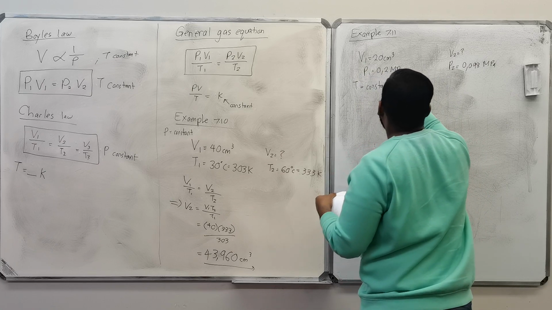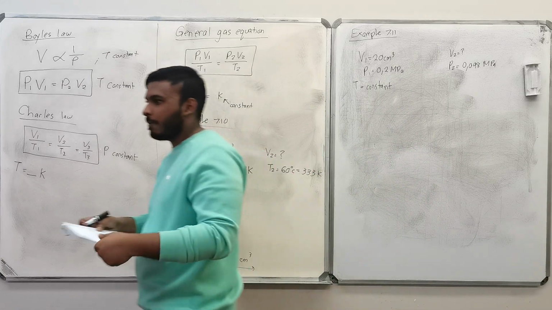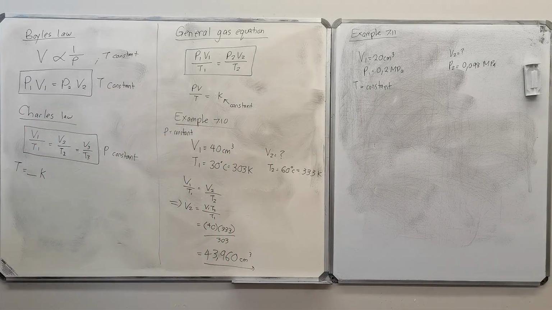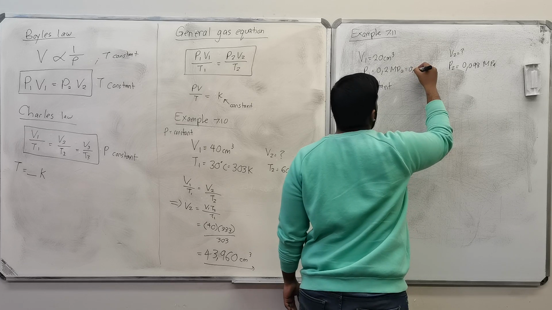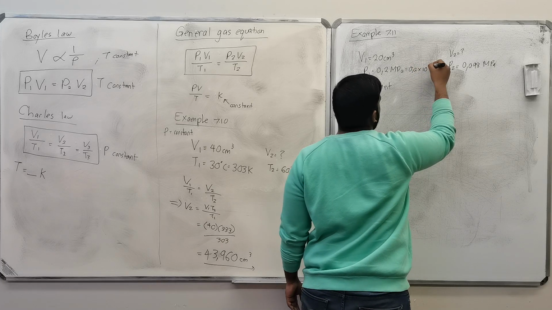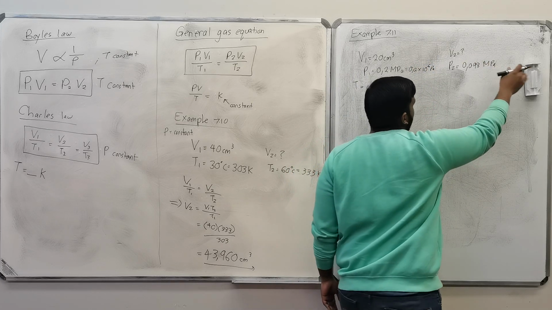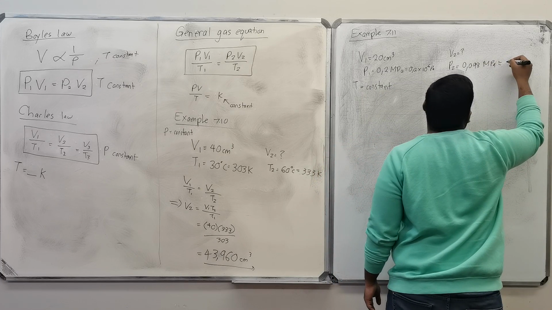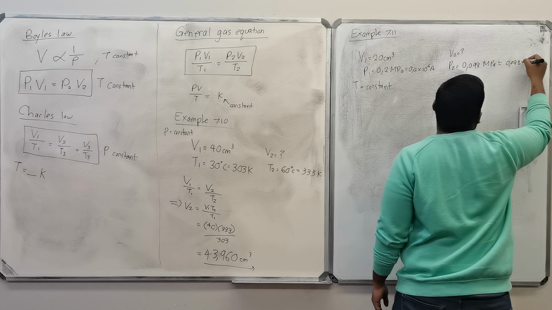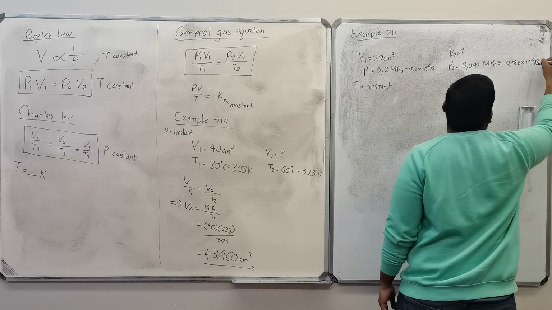So if the temperature remains constant, which formula would you look at? Boyle's law, right? So remember this here is equal to 0.2 times 10 to the 6 pascals, right? And this here is equal to 0.098 times 10 to the 6 pascals.